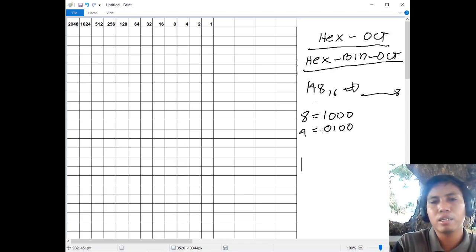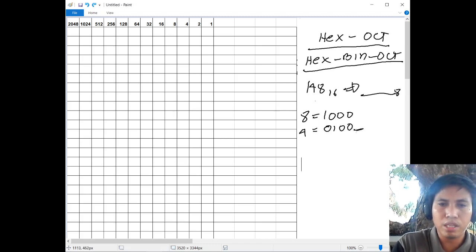So let's add 0 in here. Do not add it on the right side because that would be wrong. It should go on the left side. Then we have 1. So 1 is 0, 0, 0, 1.